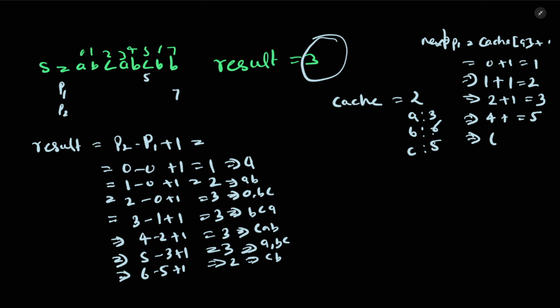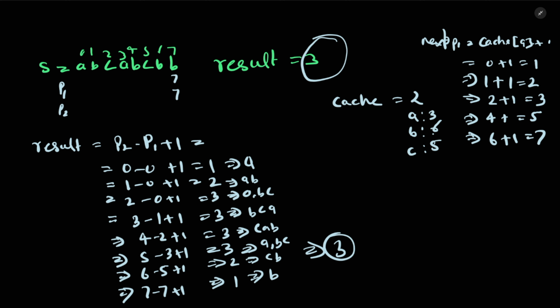So it will be 6 plus 1, that is 7. So this will move to here only, and now if I calculate the substring, this will be 7 minus 7 plus 1, and this will be 1, and the substring is going to be b. Alright, so these are the substrings, and if I take the maximum of every result, the output will be 3.